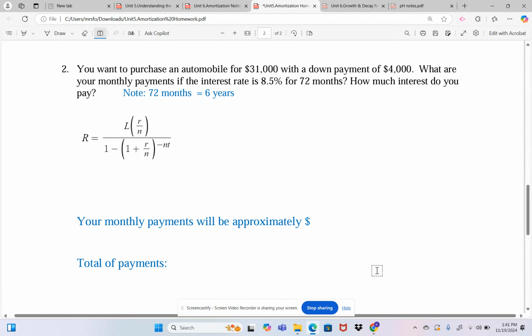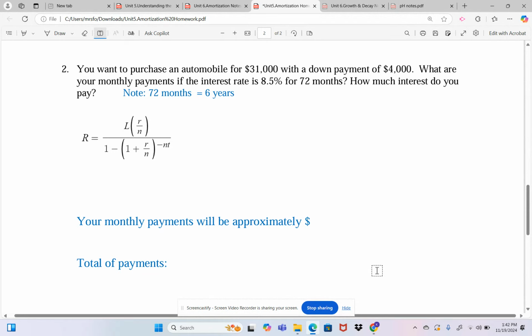Number 2 says you want to purchase an automobile for $31,000 with a down payment of $4,000. What are your monthly payments if the interest rate is 8.5% for 72 months? How much interest do you pay?